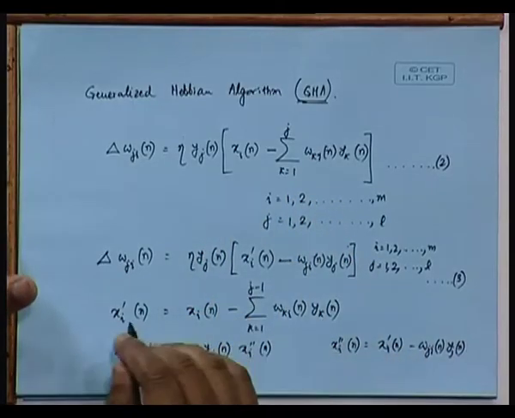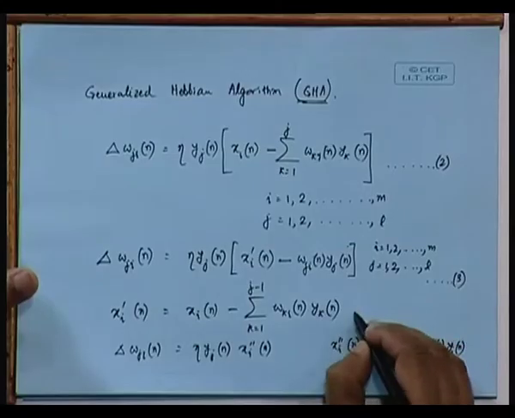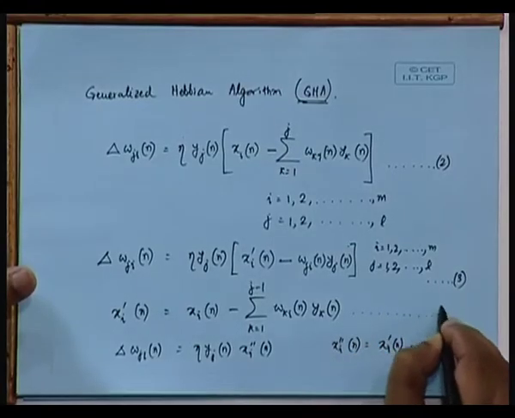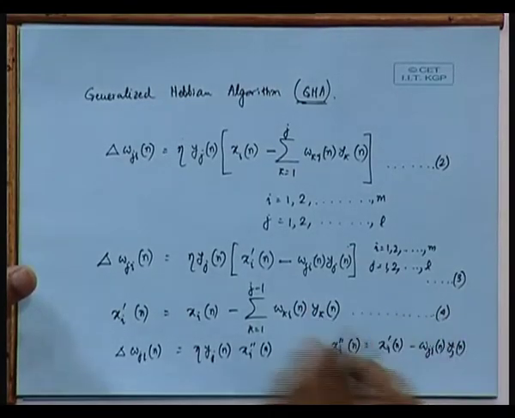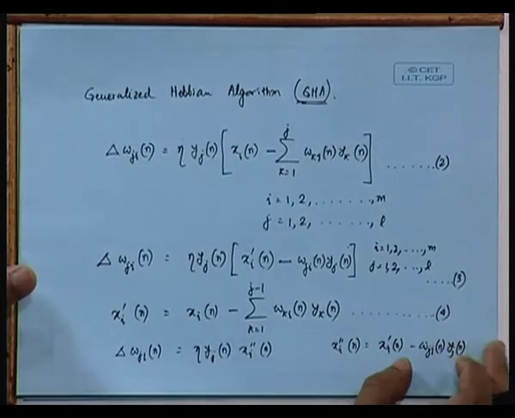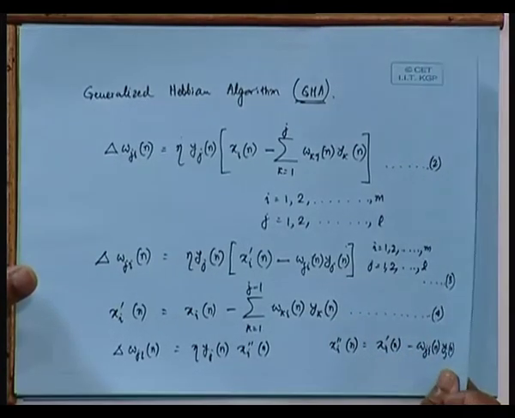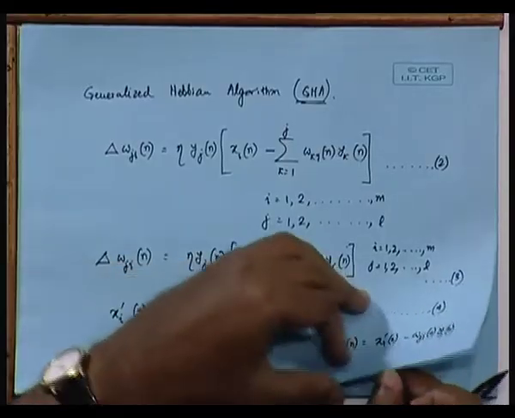This equation, let us call it equation number 4, we can represent in the form of a signal flow graph, which would look like this.